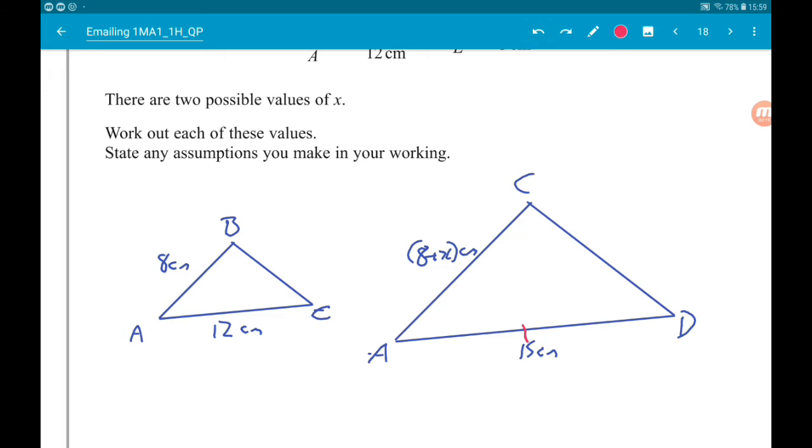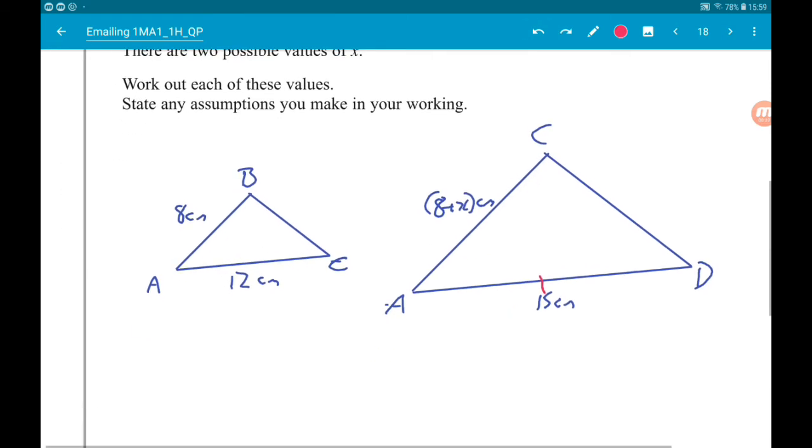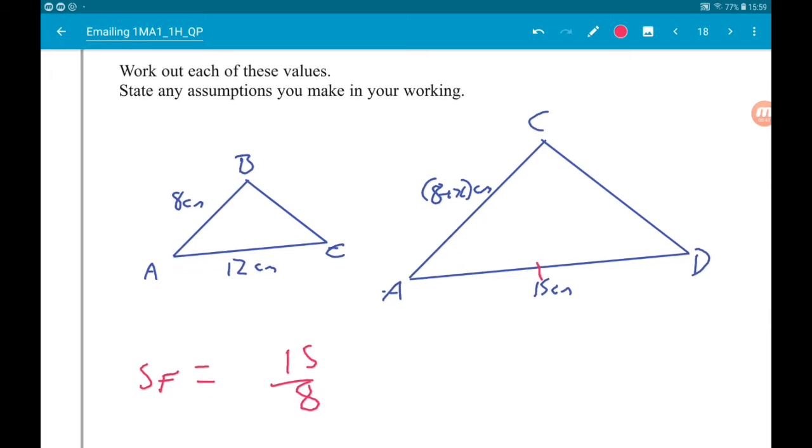Okay, so in this case, our scale factor is 15 divided by 8. So that's not really very nice, but in this case, if those two sides correspond, then we know the other two sides that correspond together are 12 and the 8 add x.